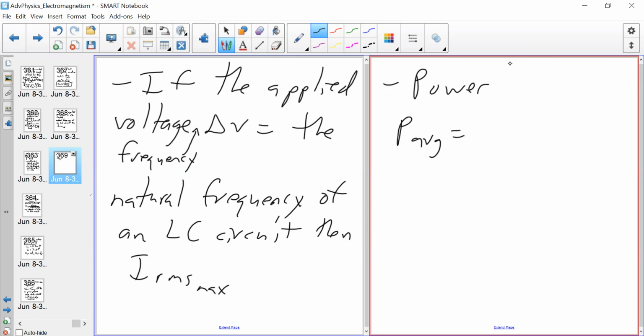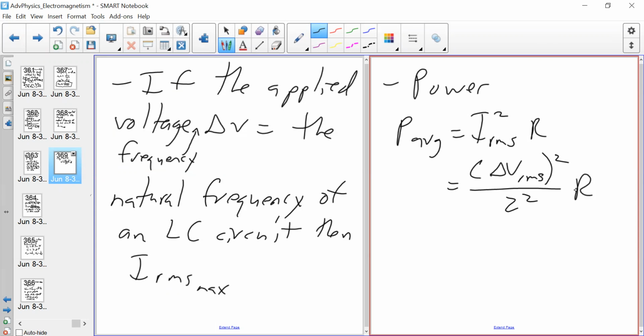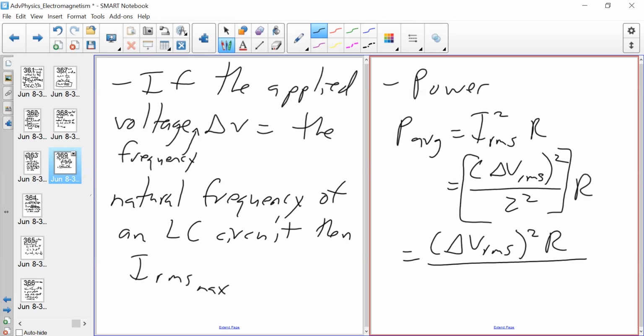The average power we've seen is I RMS squared R, which equals delta V RMS squared divided by Z squared times R, similar to V squared over R times this R, because this is I RMS squared. And we know that Z is that stuff, and then Z squared makes this delta V RMS squared times R over R squared plus XL minus XC squared, because Z is the square root of that, and then we square it.